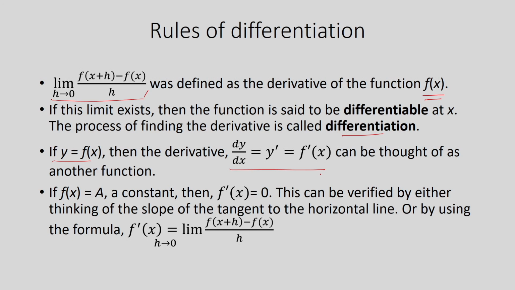Now, what is being said is that it can be thought of as another function. So, this can be shown very simply. Suppose you have y is equal to x square, then by using this definition of derivative, what you can say is that dy dx is equal to 2x.